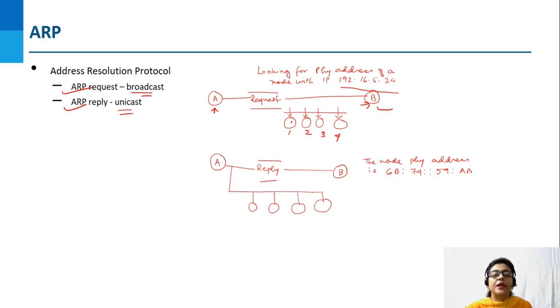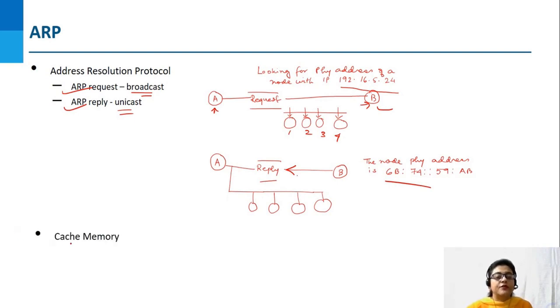Now all the devices will be receiving this request, but since they do not have the IP address in the request field, they will discard it, and it will be B who will know that it is its IP address, and it will reply with a unicast message, and this is called the ARP reply, which will go to A. And this node B has this physical address 6B:74:59:AB. So it will reply to A with its physical address. So A will know the physical address of B, and so it can send messages to B.